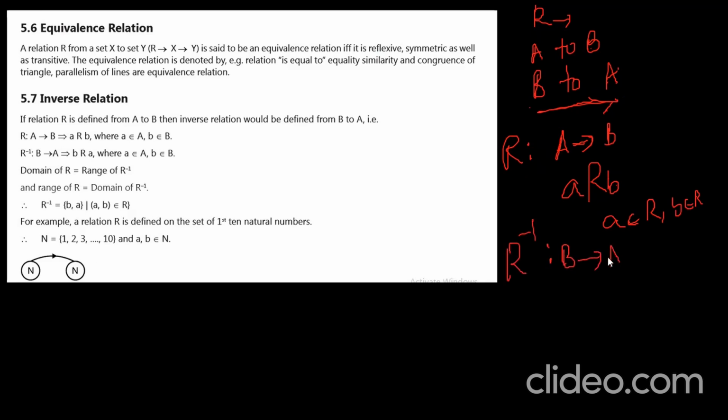This is from B to A, where b belongs to B and a belongs to A.